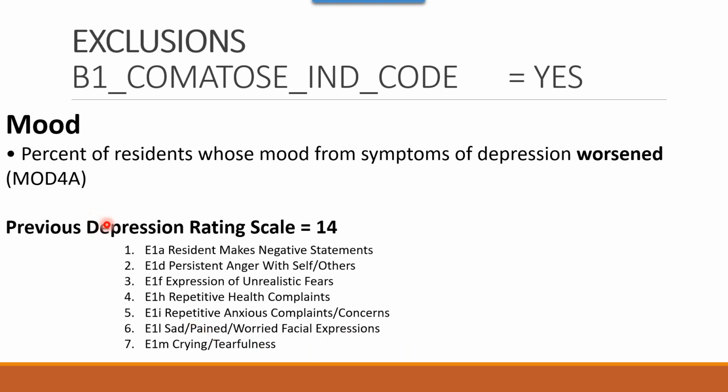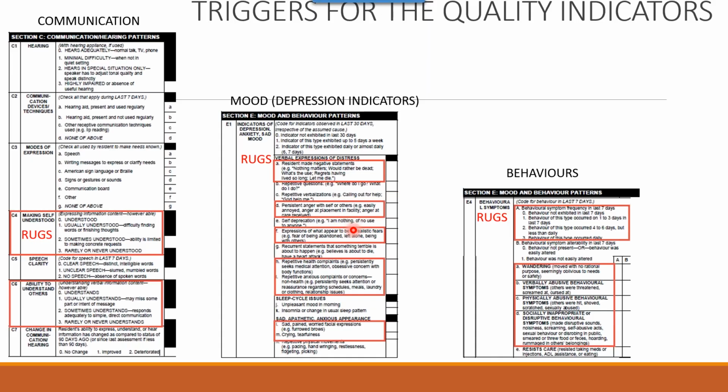And remember, this is part of that depression rating scale, okay? And of course, if you're at 14 on the scale on the previous assessment, you can't get worse than a score of 14, so you would be excluded from this particular quality indicator. So that's the exclusion factors.